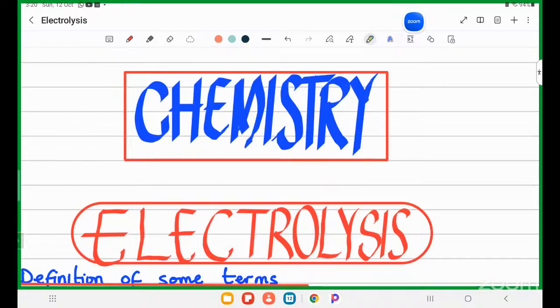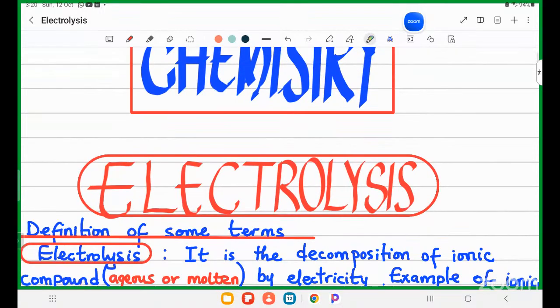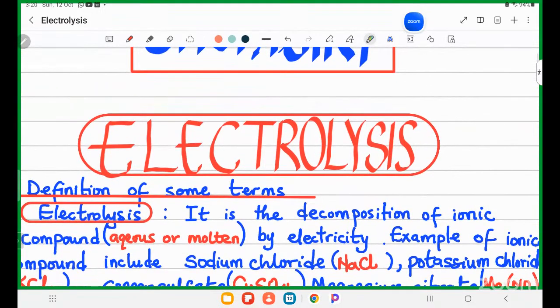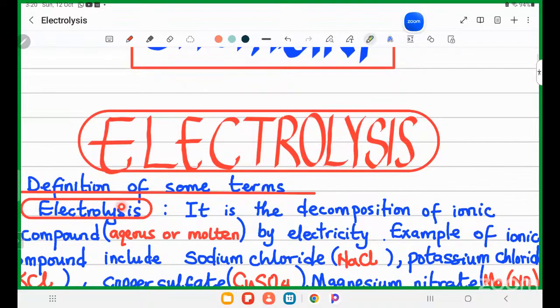So we have some terms used in describing electrolysis. But meanwhile, we'll first explain the meaning of electrolysis itself. Electrolysis is the decomposition, that is the breaking down, of ionic compounds by electricity, as simple as that.